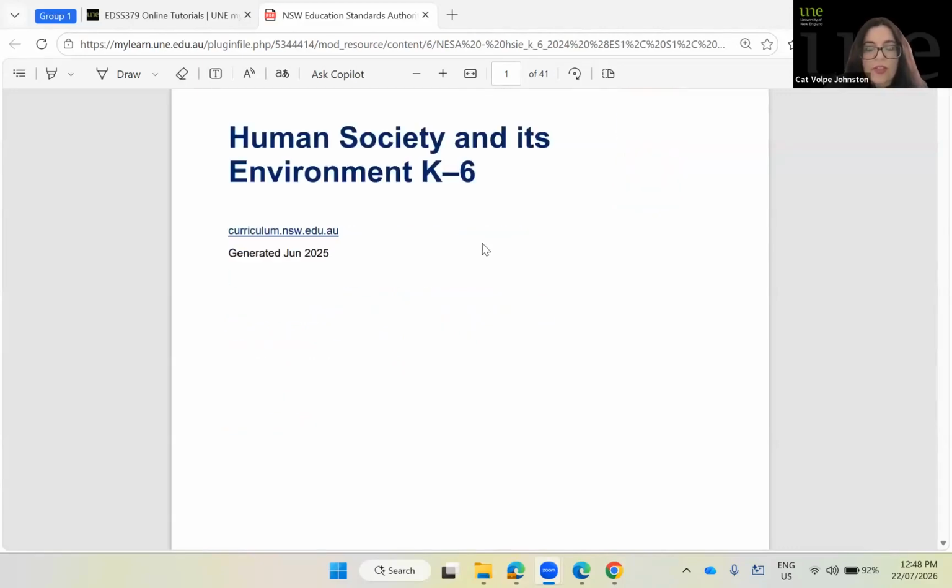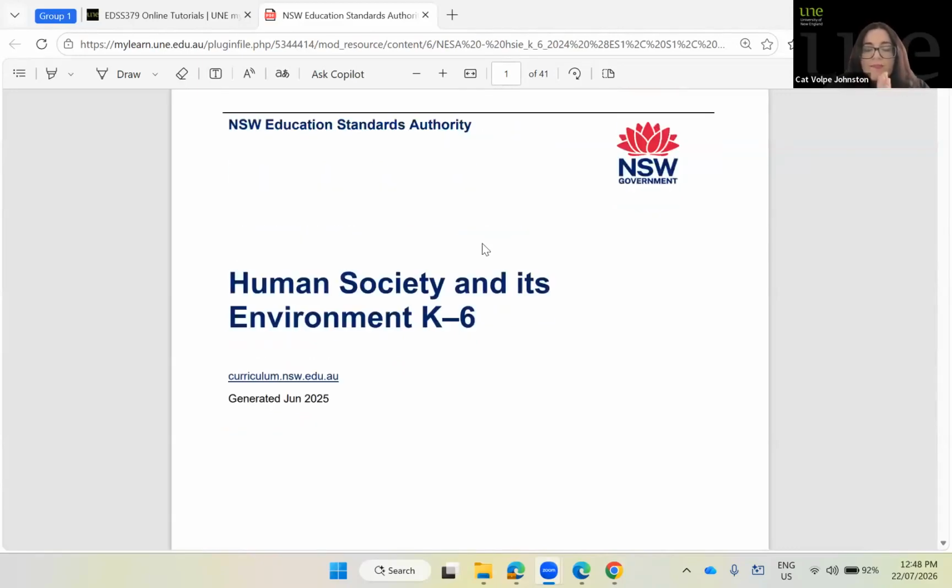A new interesting thing about this syllabus is that it includes both history and geography. A question I often get asked is, does that mean that history and geography are taught together? It's not clear for sure how schools will implement these, but history and geography are still two separate subjects.